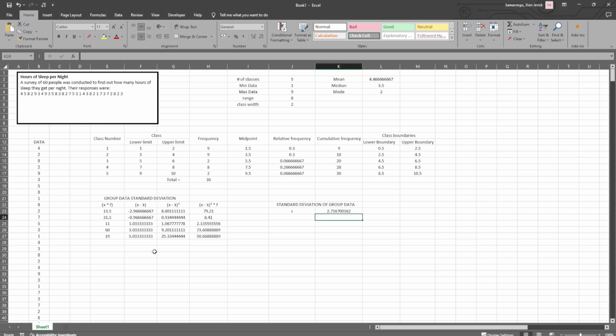Then now we can proceed to population standard deviation.